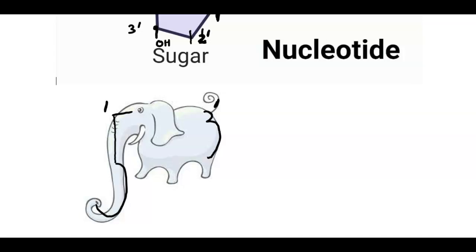And here we might have the base in the 1' position attached to it. So that is our elephant here. And as I said, here we've got the 5', and here we would have the phosphate group attached to the 5' position. So what can this elephant do?